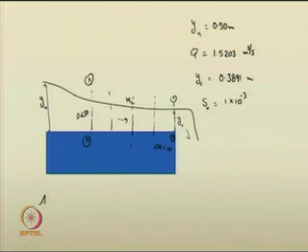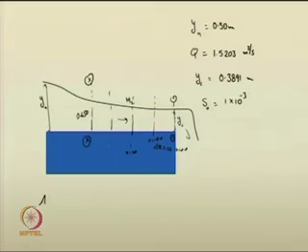Here x is equal to 0, here x is equal to 10, here x is equal to 20, like that. We do not know at which location the 0.45 meter depth is available, so you proceed in this way, 10, 20, 30, and try to evaluate.